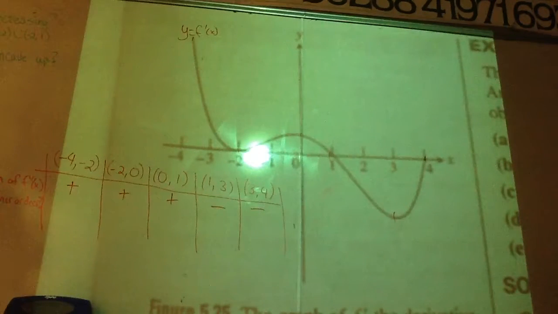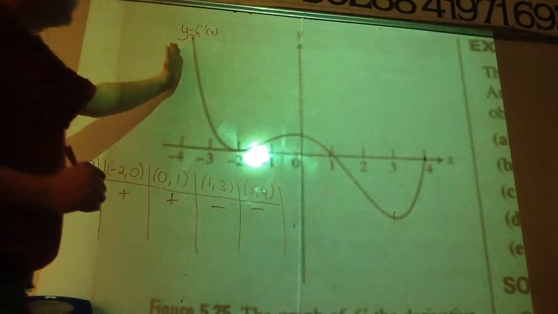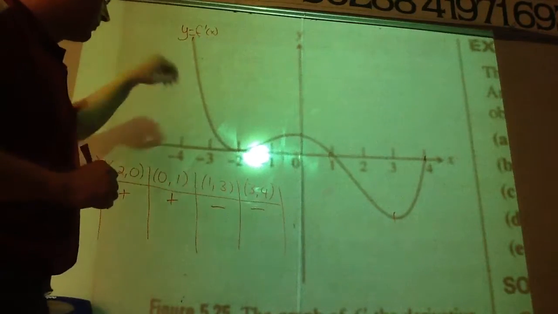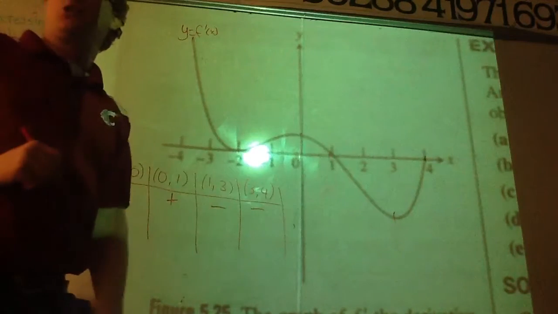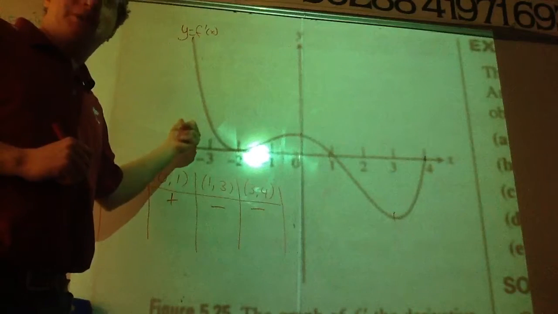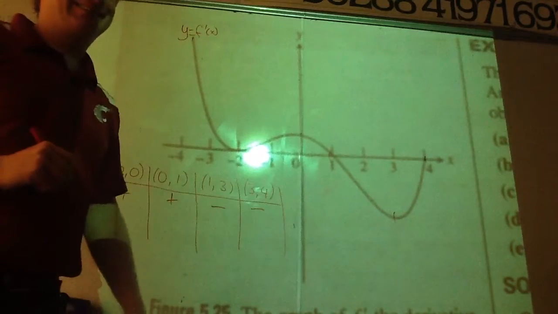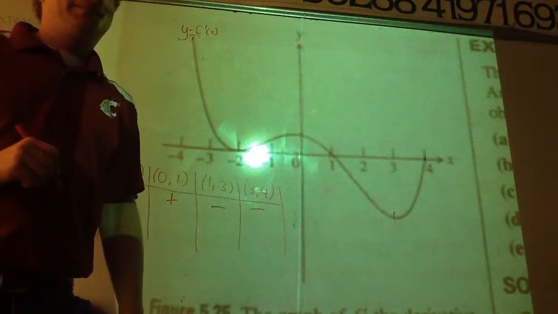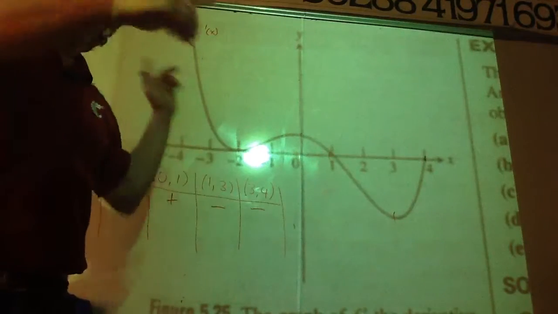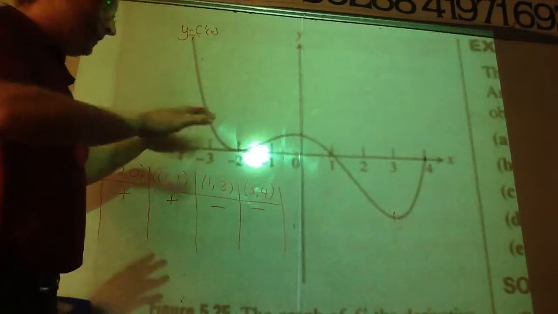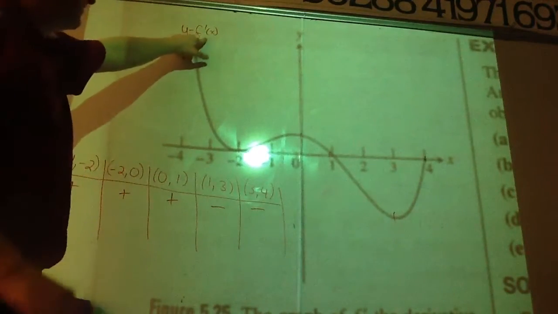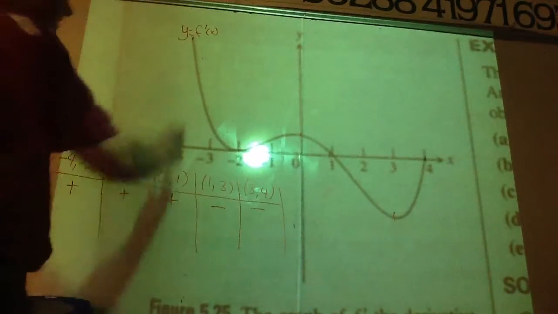Now we're going to look at whether it's increasing or decreasing. It's not the same thing. From -4 to -2, it's decreasing, it's going down. Even though the sign of it is positive, it's decreasing. Now this is the graph of the derivative, the slope.